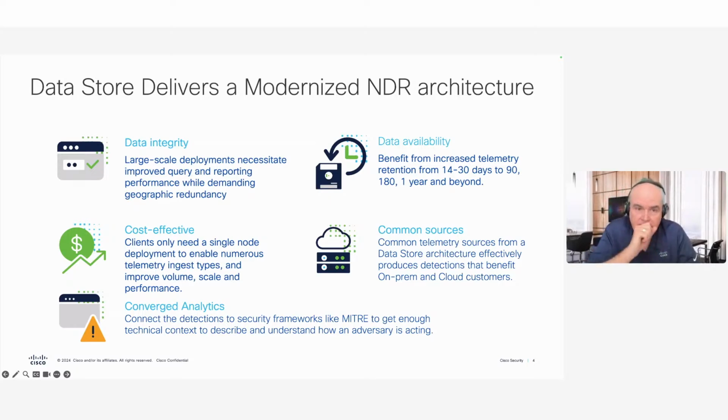Now, adding that data store has actually improved a lot of things in our design. It's improved our data integrity. We can scale larger. We can retain that data for longer. We can make it more cost effective. How we deploy that data node, we can have a single node or we can have multiple nodes. By having the data node, that means we can make the flow collector, as we'll see coming up in a slide, ingest multi-telemetry.